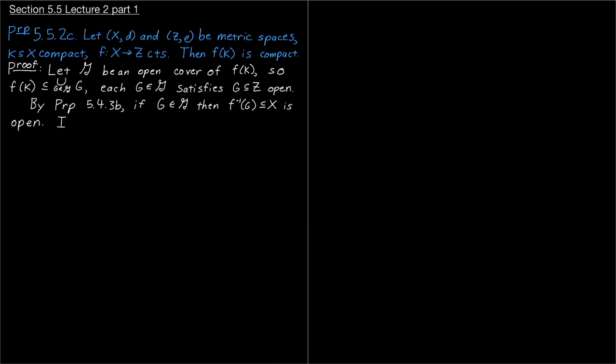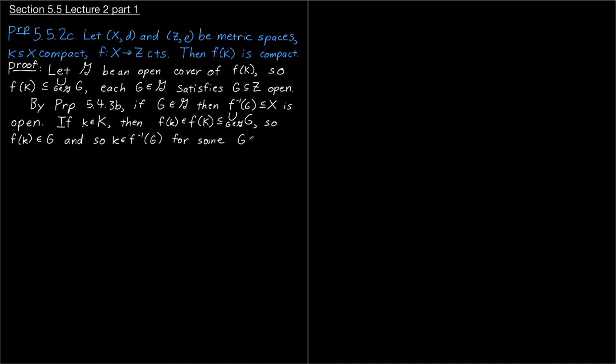And if we pick a point k in our compact set K, then f of k is in f of K, which, remember, we've got a cover, so f of k has to be in one of our open sets G, which equivalently means that k on its own is in f inverse of G for some G in the cover.